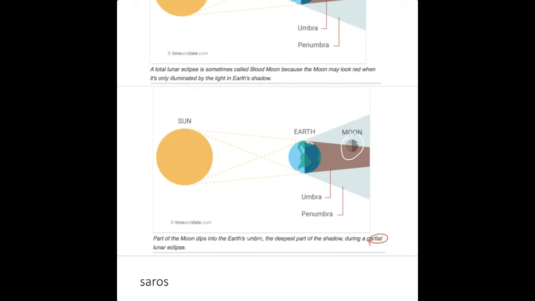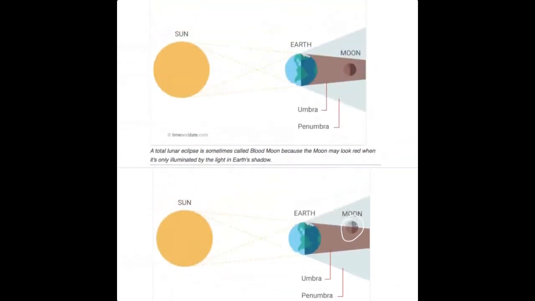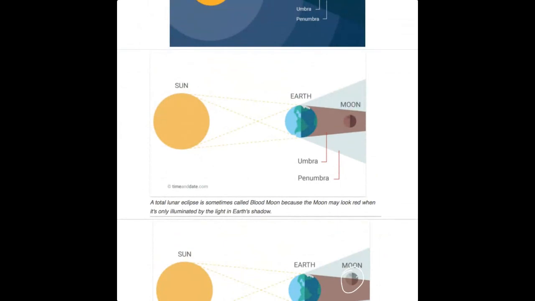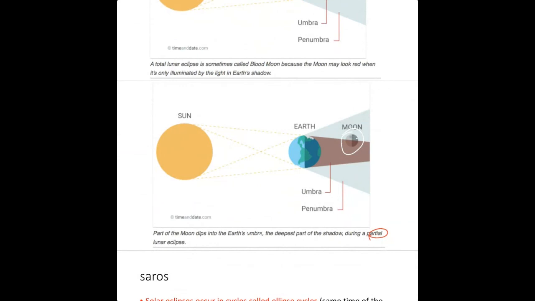So for the Moon, we have total lunar eclipses when the Moon is in the umbra, and when the Moon is half in the umbra, half in the penumbra, then we have partial lunar eclipses.